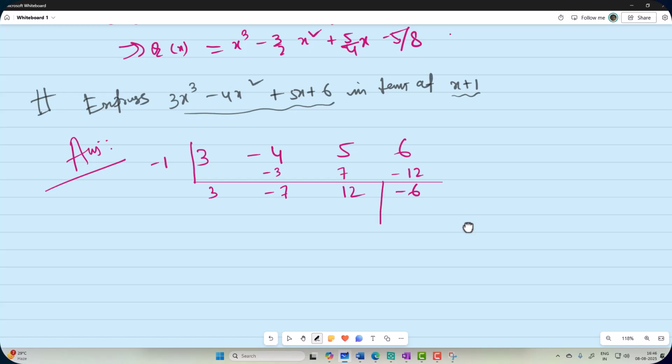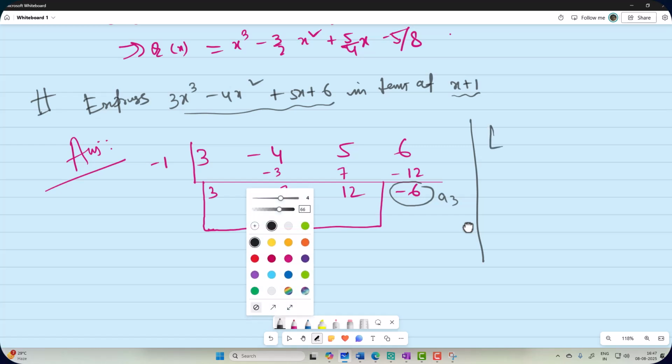So it will be like this, where this minus 6 is going to be what? This minus 6 is going to be the absolute term. It means this is a cubic polynomial. You are going to express this polynomial in powers of x plus 1.